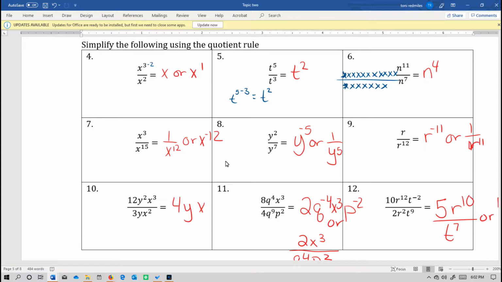Cancel. That's this one with this one. Cancel this one with this one, like I'm reducing a fraction. Cancel, cancel, and so on, and I'm left with 4. I did x's instead of n's.